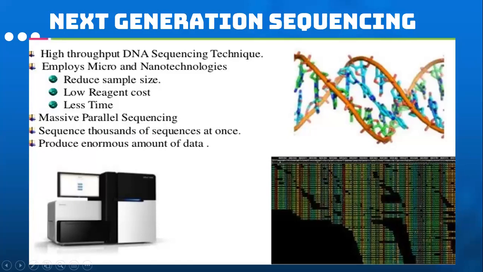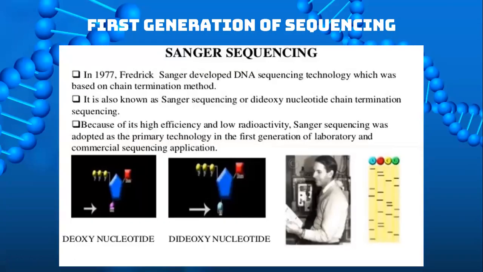It involves massive parallel sequencing, and it sequences thousands of sequences at once, and the amount of data that's produced is enormous. So coming to the first generation of sequencing. This first generation of sequencing is called Sanger sequencing, and it was developed in the year 1977 by Frederick Sanger.